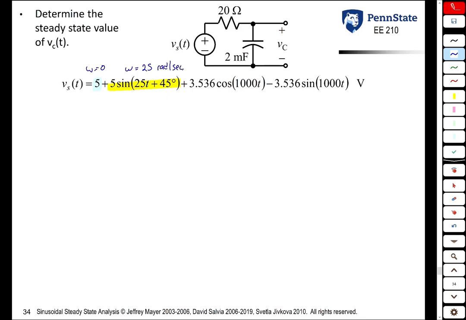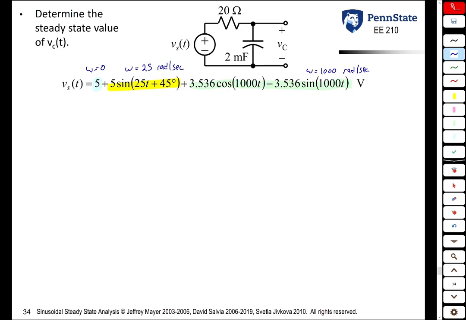And then we have two other frequency components where the frequency is 1,000 radians per second. So the idea here is to break this circuit into three subcircuits, one with omega of 0, one with omega of 25, and one with omega of 1,000.